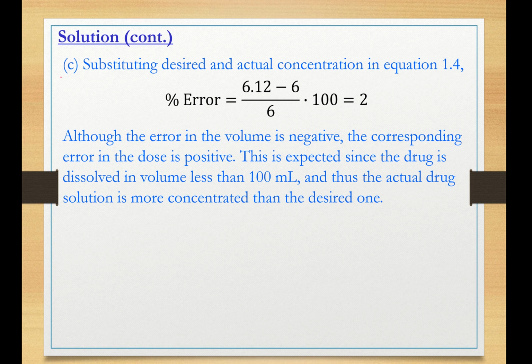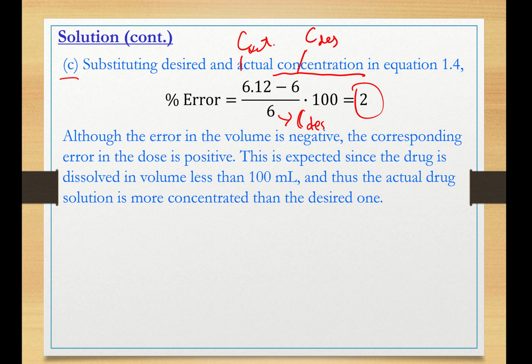Next, calculate the percent error associated with the drug concentration. So that would be C actual minus C desired over C desired. So that's 6.12 minus 6 over 6 times 100, and that's 2.